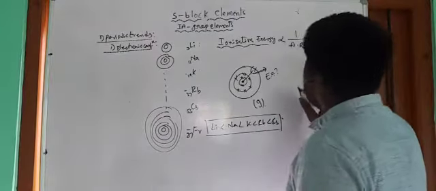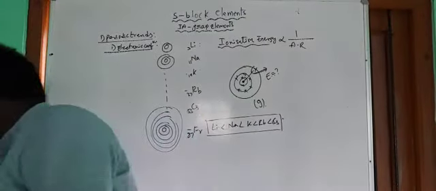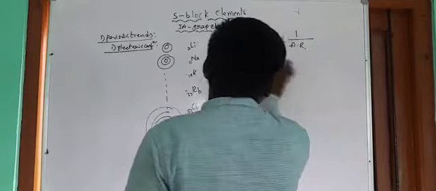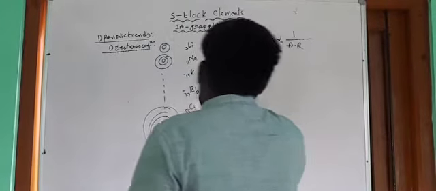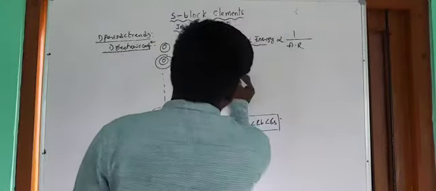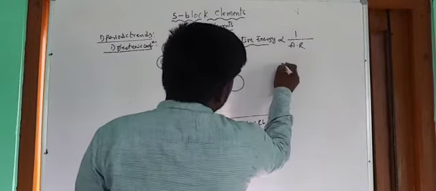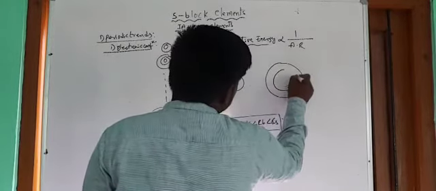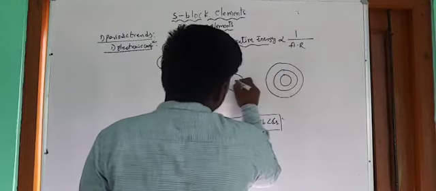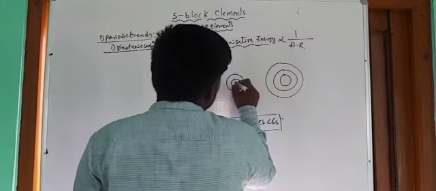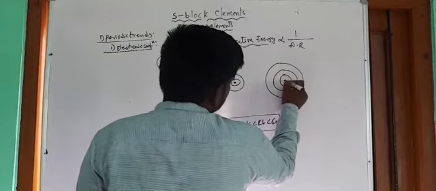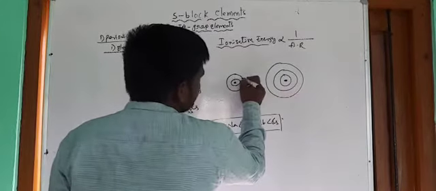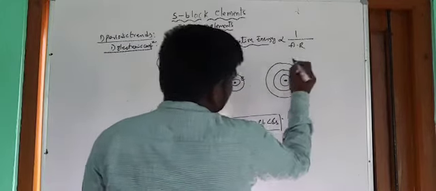Let me consider two atoms, one with a small size and one with a large size. Inner shells are present like this, and here there is only one inner shell, and this is the nucleus. Here one electron is present, and here also one electron is present.